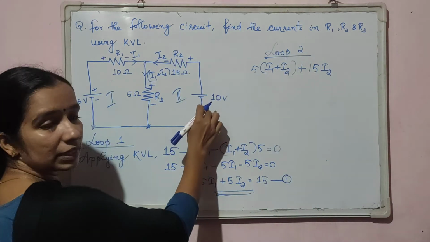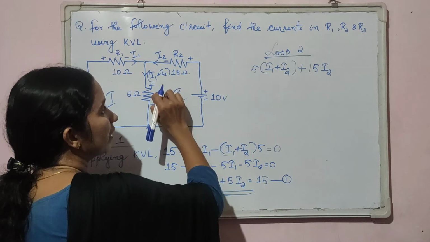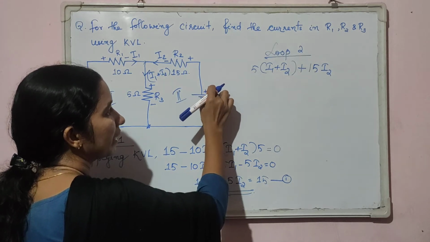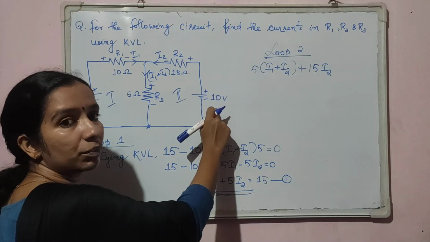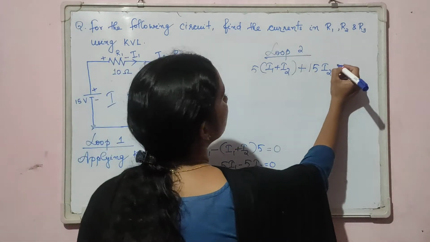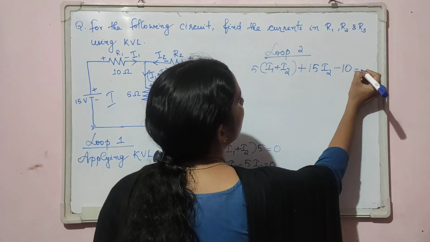The next component is the voltage source. I am coming in this direction, from positive to negative of the battery, so there is a drop in potential. This should be marked as minus 10, which is equal to 0.